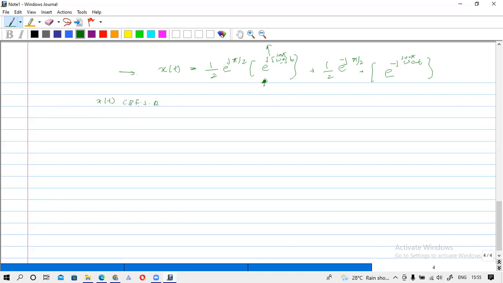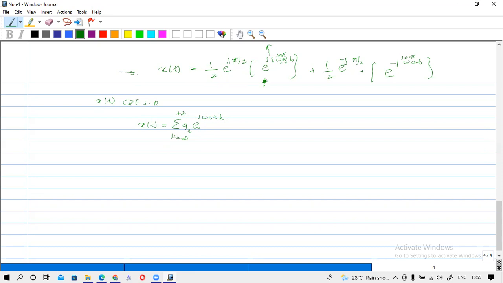Then how can we find it? We know that x(t) can be written as a sum of e to the power j k omega naught t times a_k, with k from minus infinity to plus infinity.